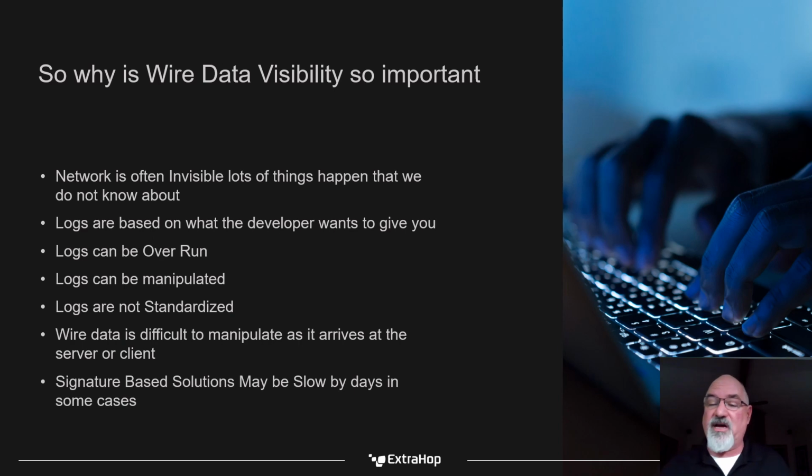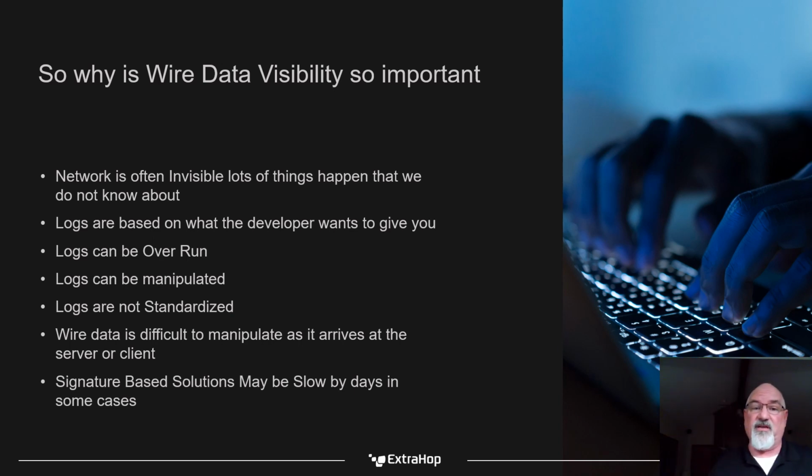I think it covers an awful lot, but if I have BYOD devices, I'm definitely not going to get anything from them log-wise, and I'm definitely not going to get anything from endpoint protection. So the only way you're going to be able to see that data is by looking at it on the wire. In many cases, the network is often invisible. Lots of things happen that we do not know about. A lot of people aren't aware of the amount of data that you can get off of the wire.